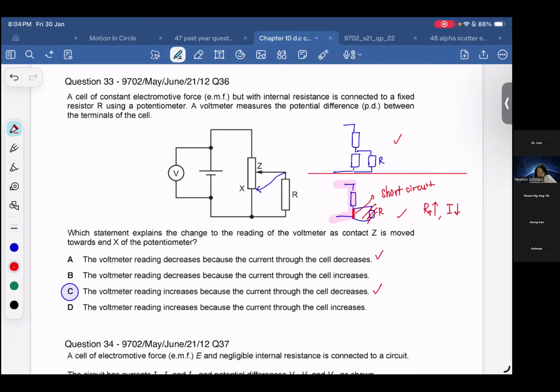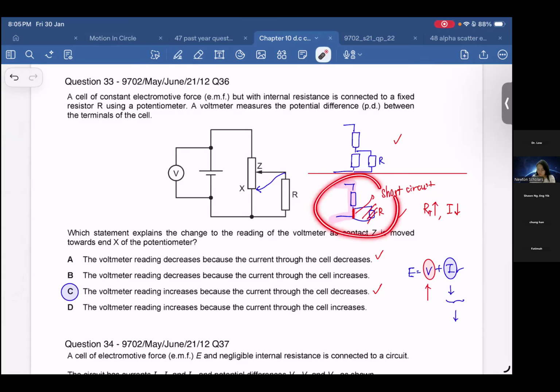Okay, then voltmeter reading. Here, E equals V plus Ir. So this part Ir you decrease. That means the voltage that you lost due to the internal resistance will decrease. So your V, this part, will increase. So answer C. I think this question is a good idea, because it tests you on this part.